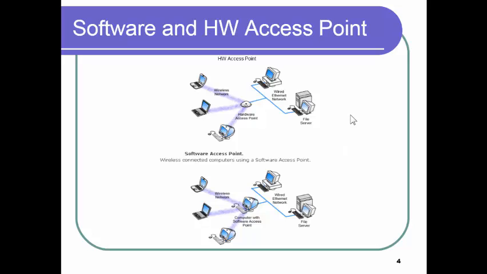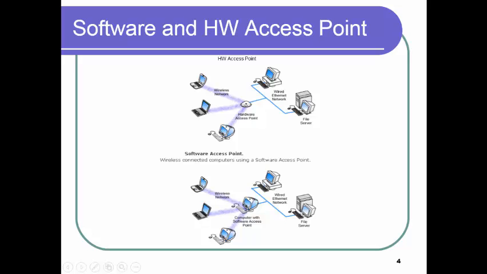Sometimes the access point is also created by using software settings. In the second figure, once again we can see the Ethernet cable, and one desktop computer is connected to it, and the software available in the desktop is responsible for providing the Wi-Fi network.